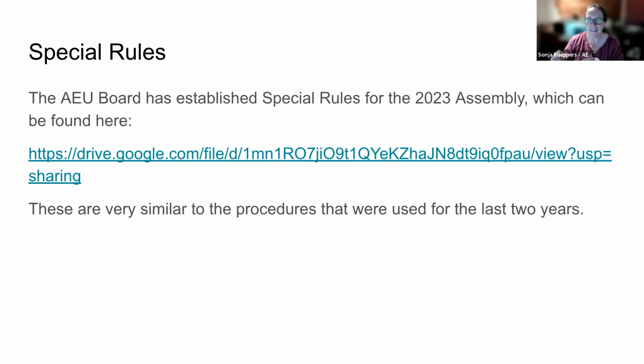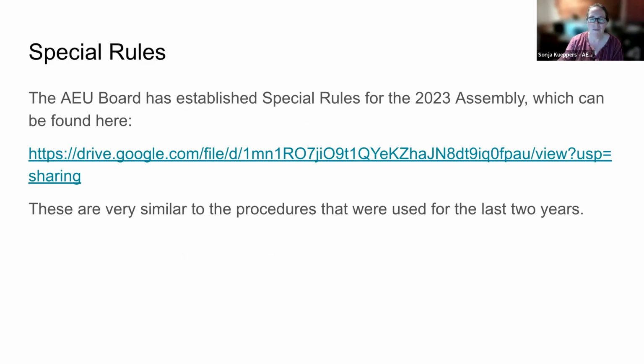The AEU bylaws specify that we use Robert's Rules of Order in our meetings unless there are other rules that have been passed. We have a long tradition of using consensus rules in our in-person assemblies.